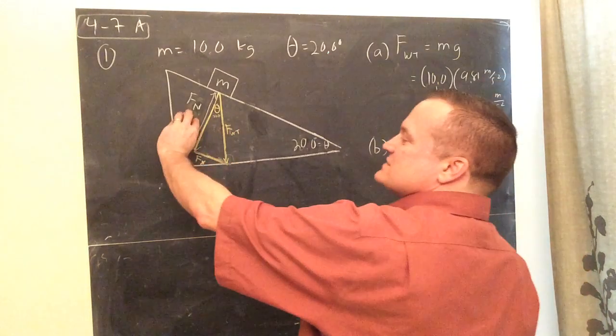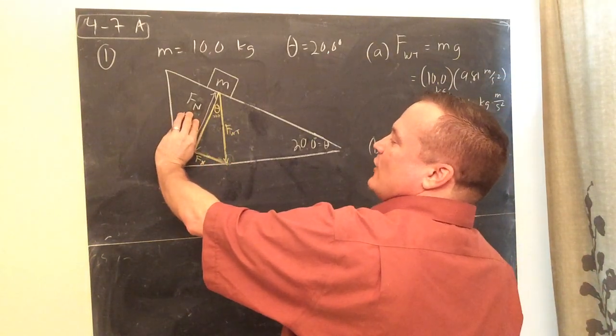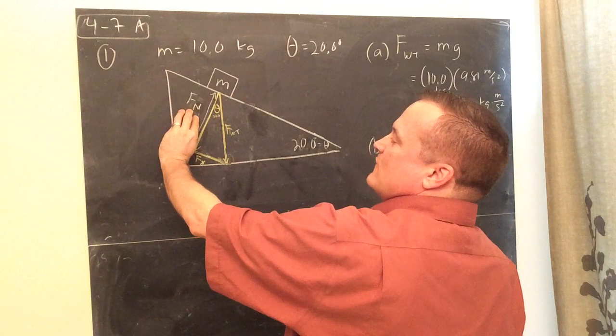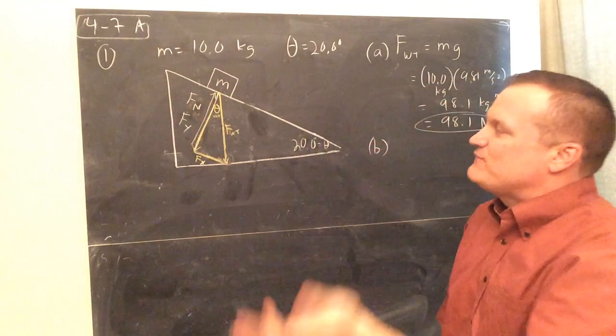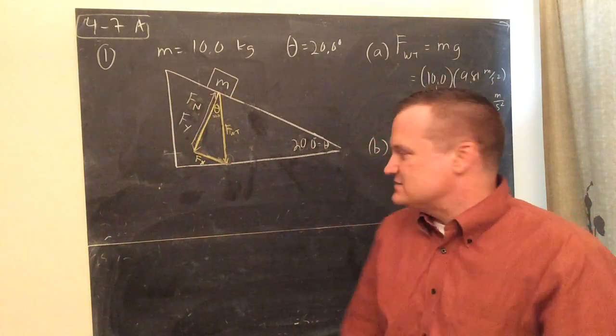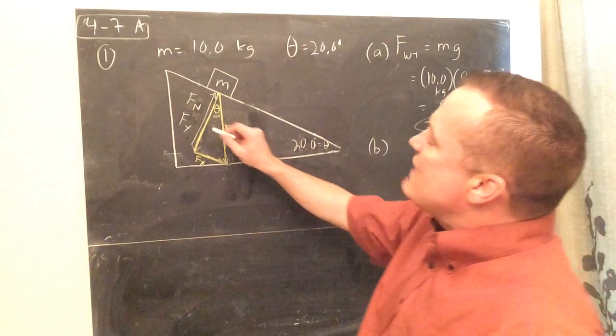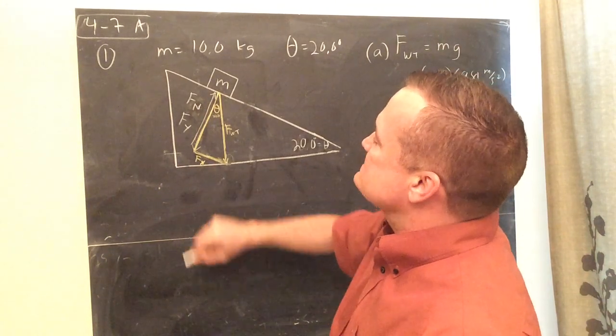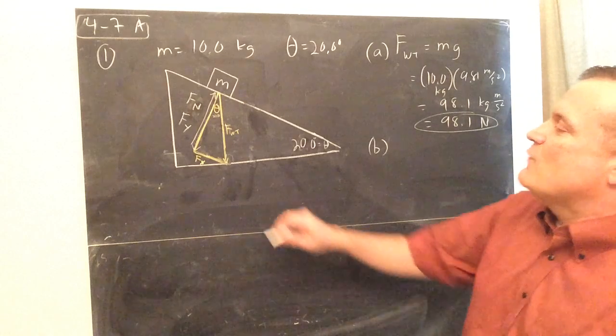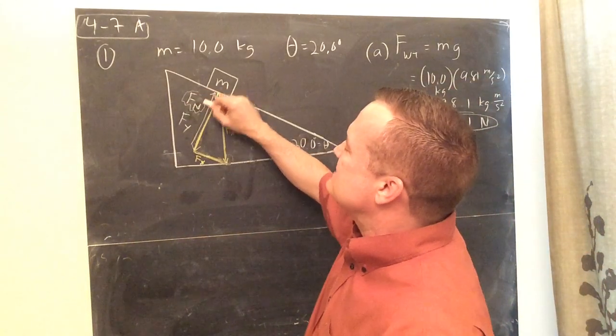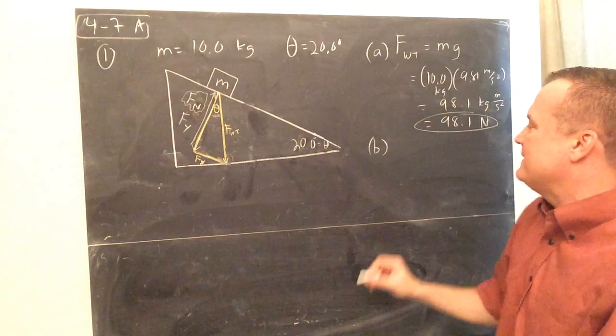So what I'm trying to tell you is Fy and Fn are both the same. They're the normal force. If Fy were negative, the normal force would be positive. So if I know Fy, I will know the normal force. All right? So let's figure out what is Fy. Let me just take off Fn for a minute. Let's just think about Fy.